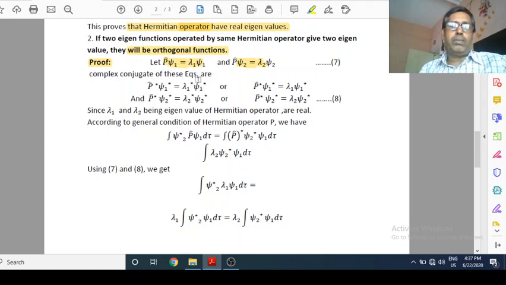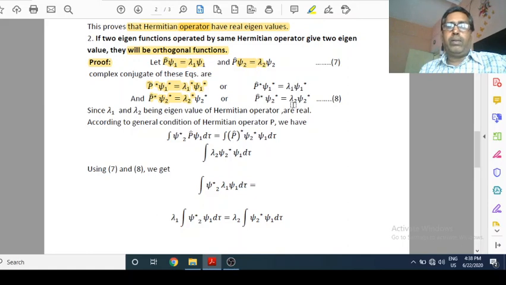Here we use star, and lambda 1 star, we can write, lambda 1 star is equal to lambda 1, from the previous property. And here P psi 2 is equal to lambda 2 psi 2, actually it is the complex conjugate. Again here lambda 2 star means lambda 2. So we get these two equations.